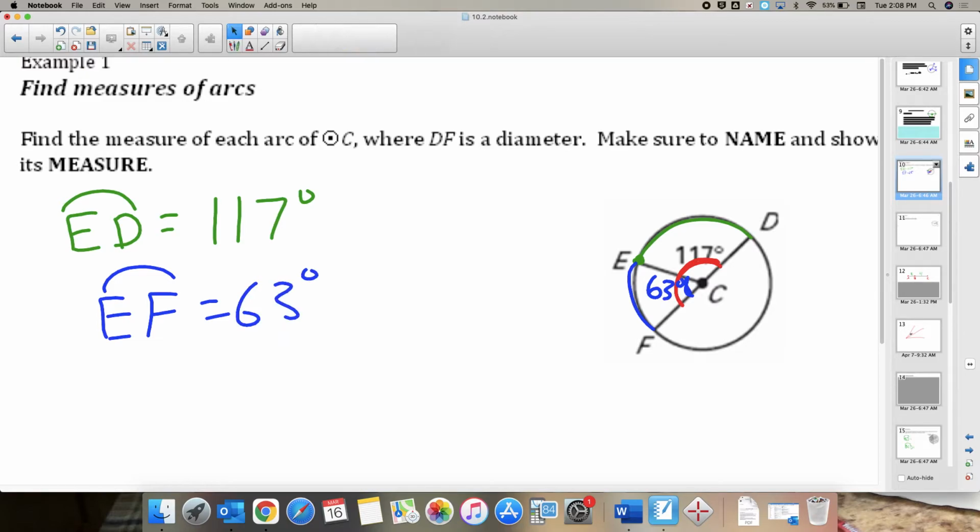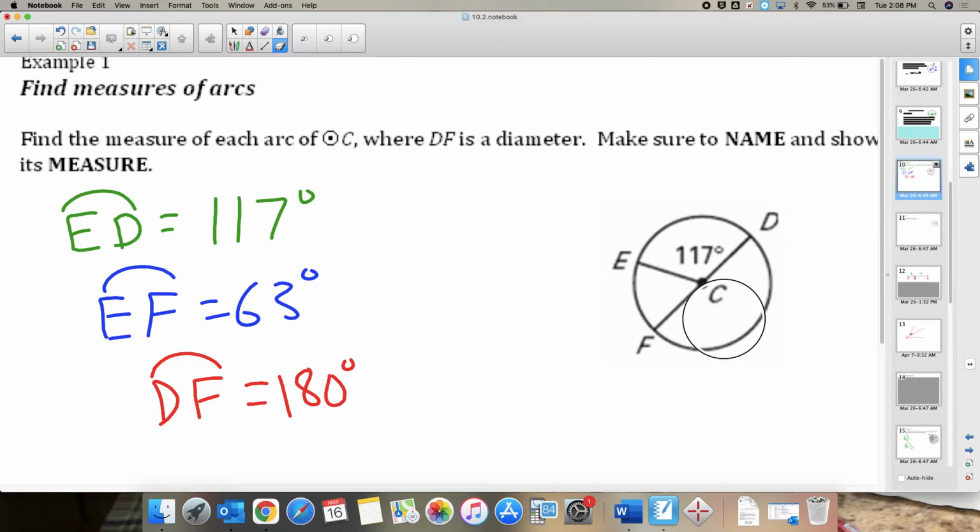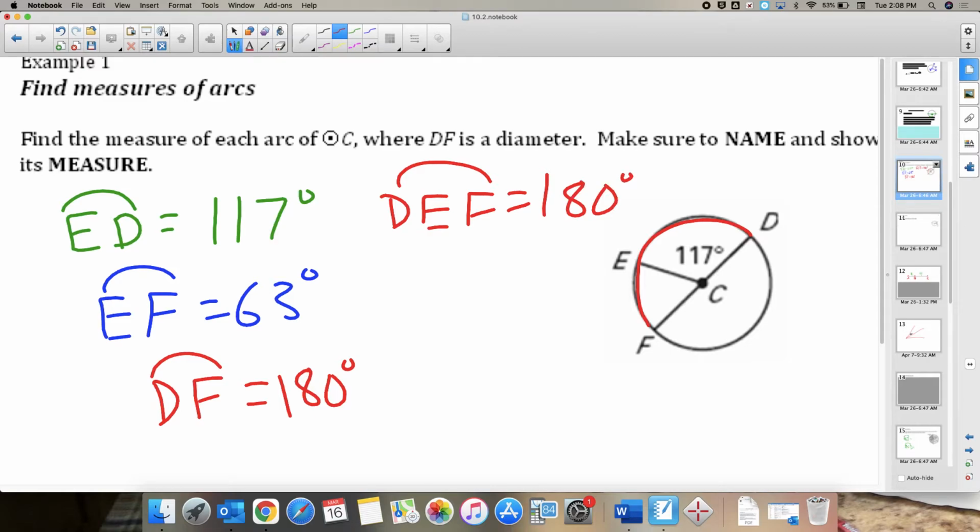We could look at arc DF here being a semicircle, so it would be 180. We could look at arc DEF, going the other way, being another semicircle. So it would be 180.